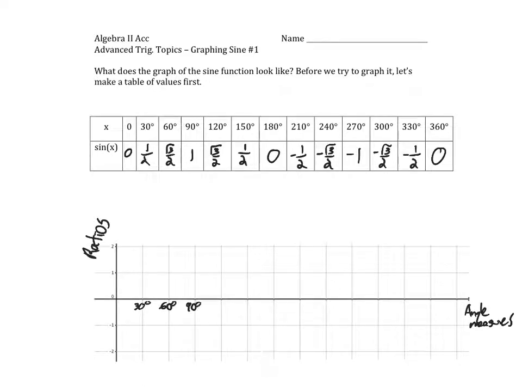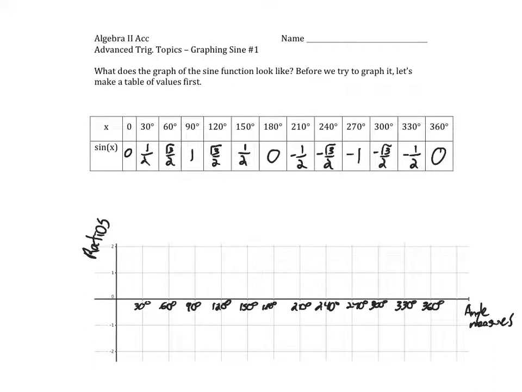Now notice I didn't include the 45 degrees on here. I could have, but just to make things simpler and have them work out kind of nice, I didn't in this case, but you could. We're just trying to keep it as straightforward as possible. Our goal here is just to get a sense of what the graph of sine looks like.